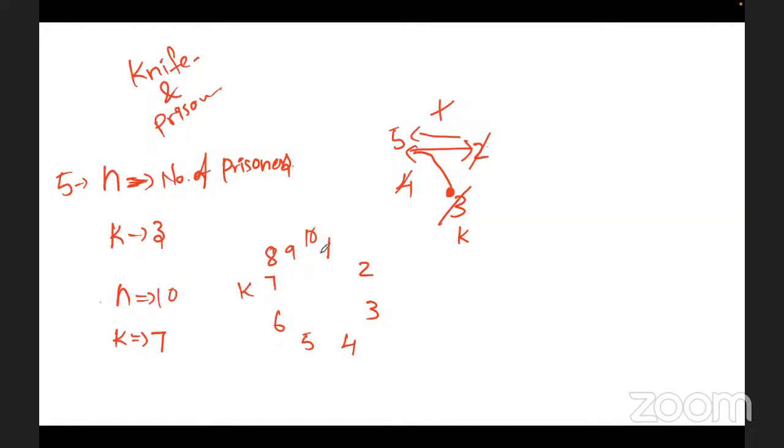Let's iterate this. 7 will kill 8 and pass to 9. 9 will kill 10, passes to 1. 1 kills 2, passes to 3. 3 kills 4 and passes to 5. 5 kills 6, passes to 7 again. 7 kills 9, passes to 1. 1 kills 3, passes to 5.